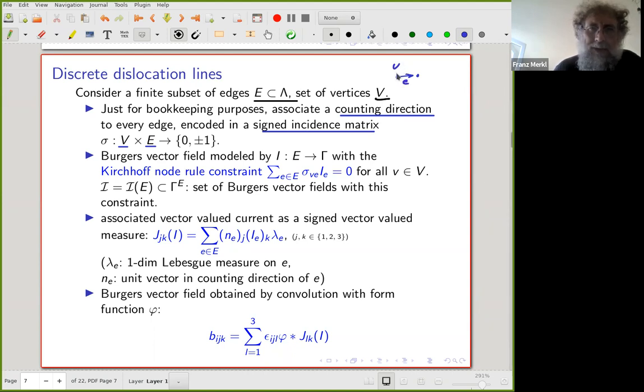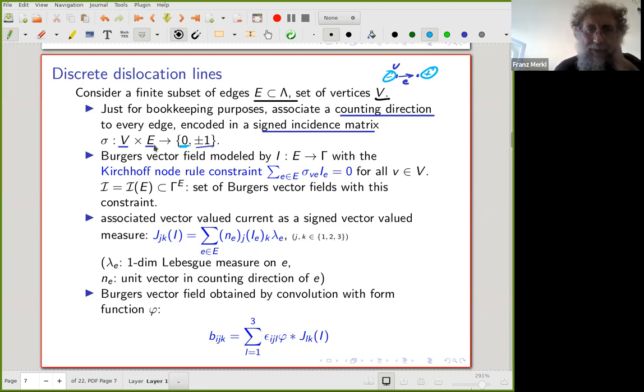Then we assign to it a minus sign, a -1. When it's an ingoing edge to the vertex, we take a plus sign. And if the edge is neither ingoing nor outgoing to the vertex, we assign a 0. So this is a signed incidence matrix.